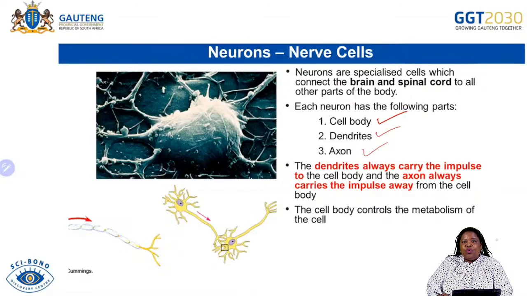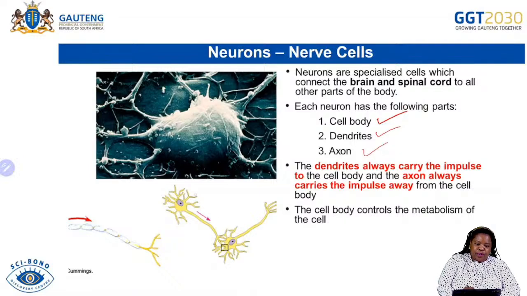You'll understand when we do the entire types of neurons. The position of the cell body is going to help you establish that this is the sensory neuron, this is the motor neuron. Okay?